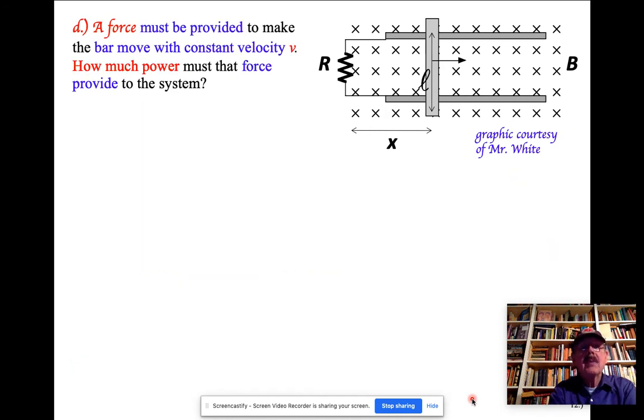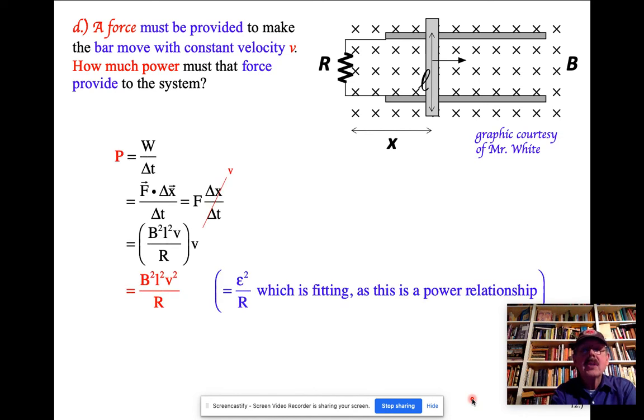And then the last problem: a force must be provided to make the bar move with a constant velocity v. How much power must that force provide to the system? So power is equal to the amount of work per unit time that's required. Work is F dotted into delta X over time.